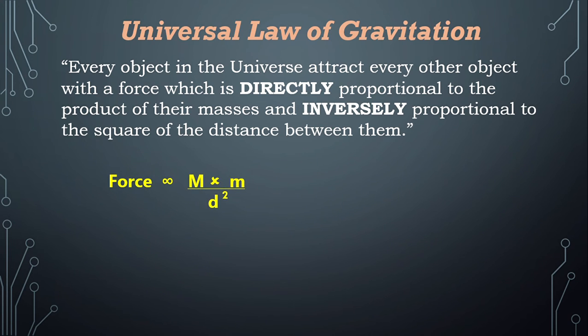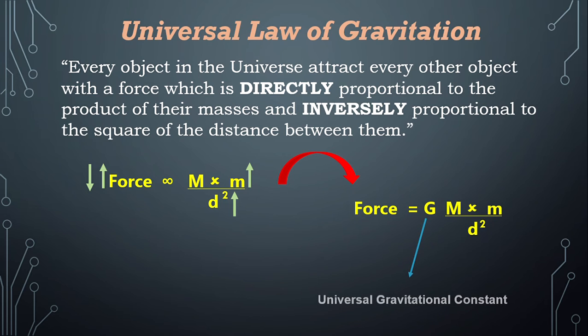If the distance between the two objects increases, the lesser will be the gravitational force. And if the mass of an object increases, the gravitational force will also have more magnitude. That means the force is directly proportional to the product of masses and inversely proportional to the square of the distance between them.